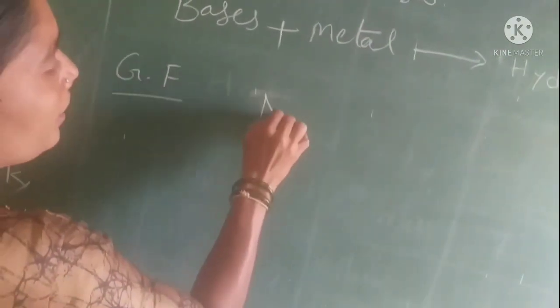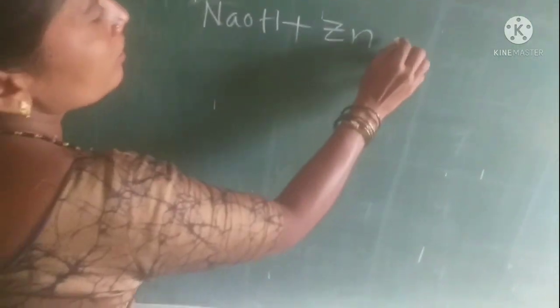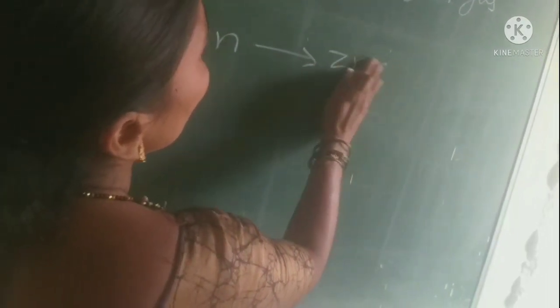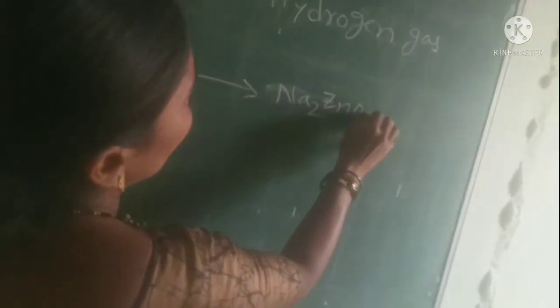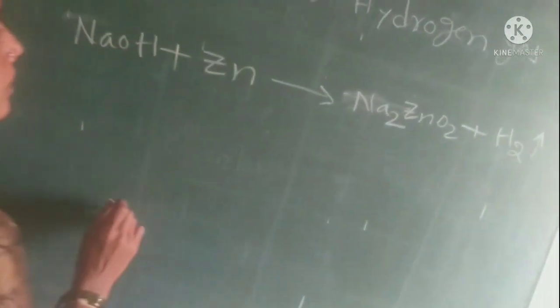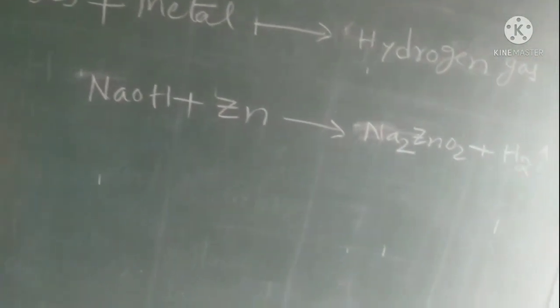NaOH reacts with zinc and gives sodium zincate and hydrogen gas.